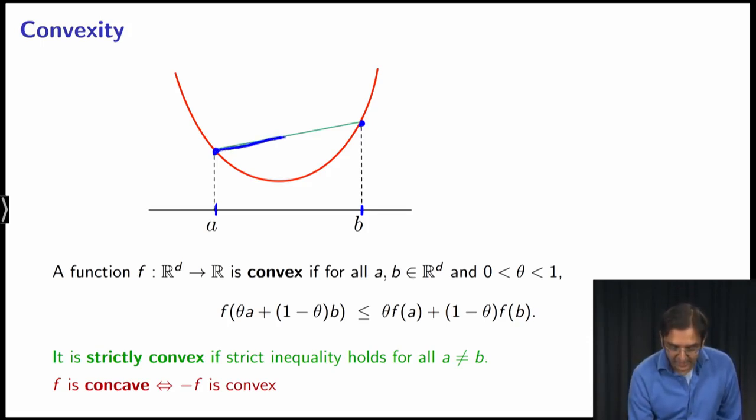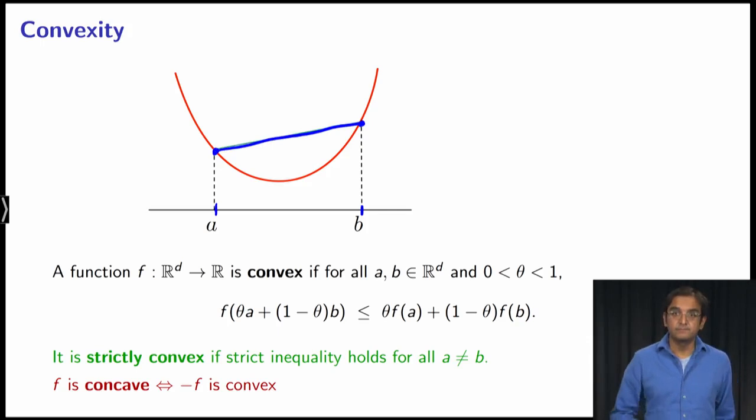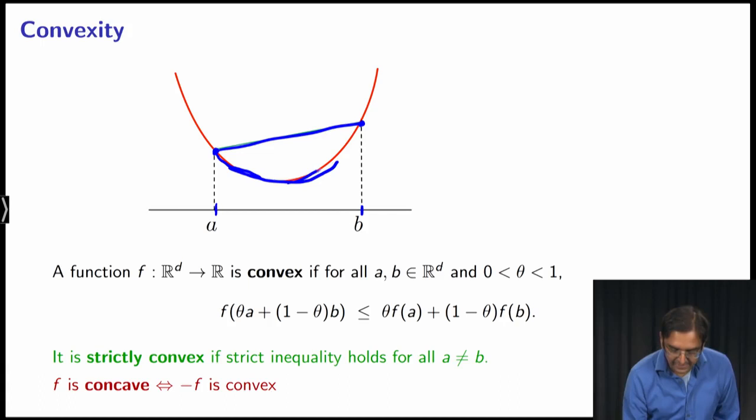So we have this green line over here. What we need is that between A and B, the function should lie underneath that line, which is exactly what is happening here. The function lies entirely underneath that line.